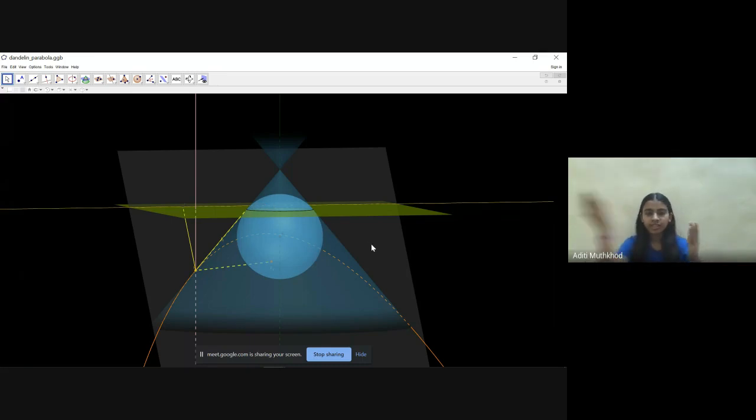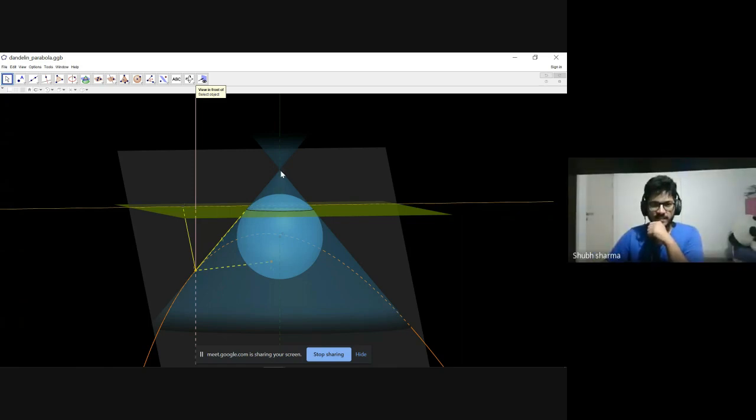In this plane, everything is within this plane, right? The pink line, the yellow line, and the border of the cone are in the same plane. What do you mean the border of the cone is in a plane?